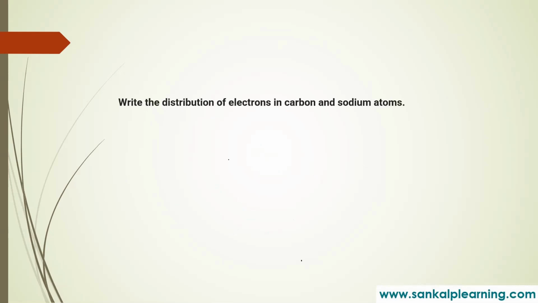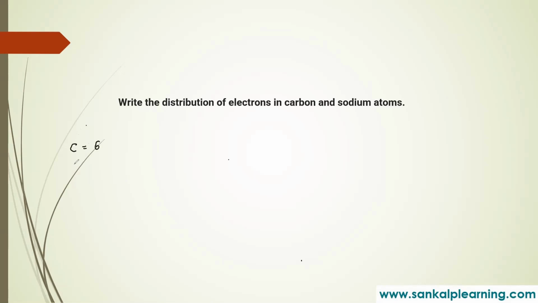Distribution of electrons in carbon and sodium atoms. They have asked for the electron distribution of sodium and carbon. First we will see carbon. The total number of electrons in carbon is equal to 6.